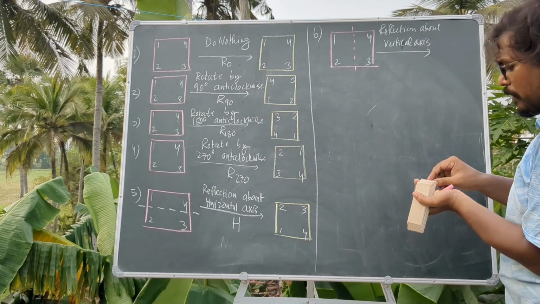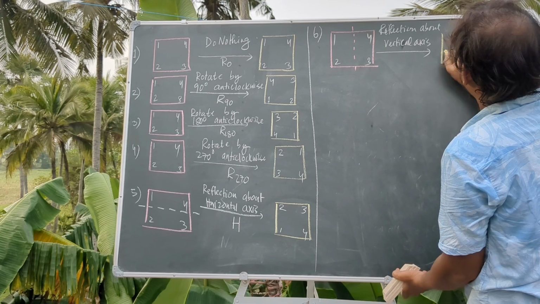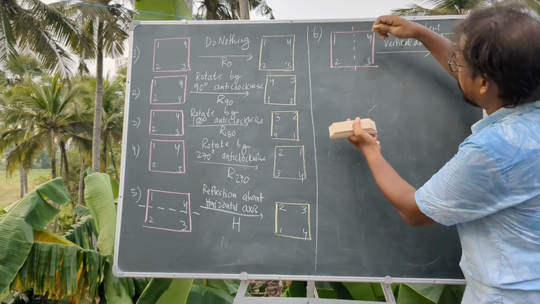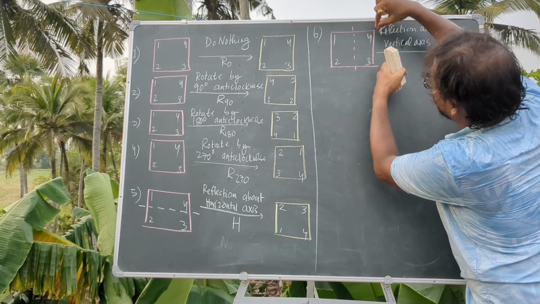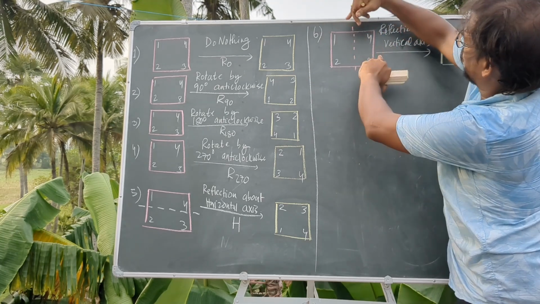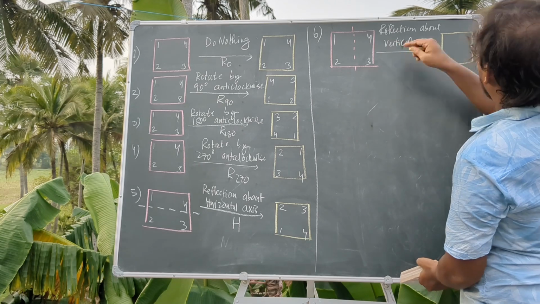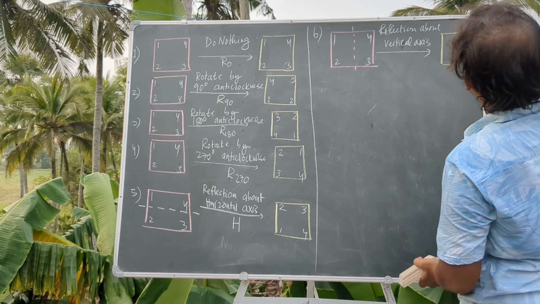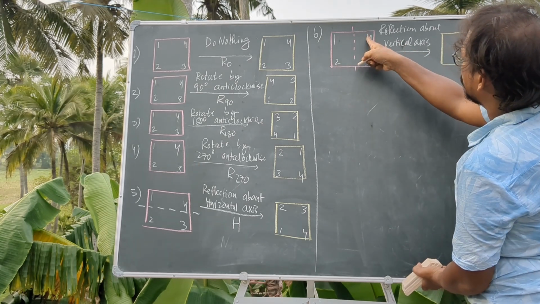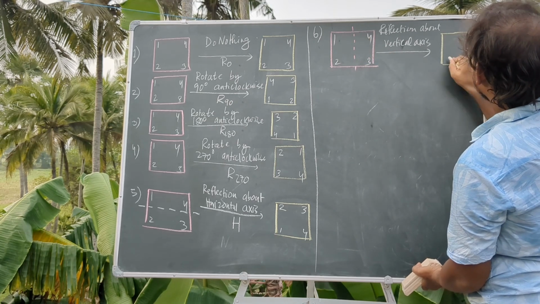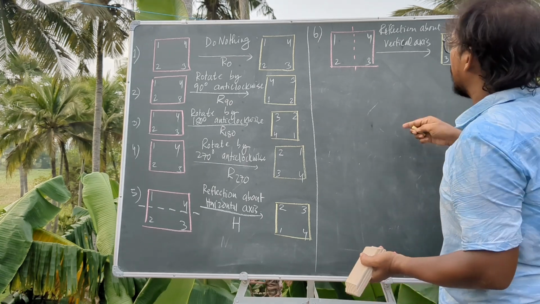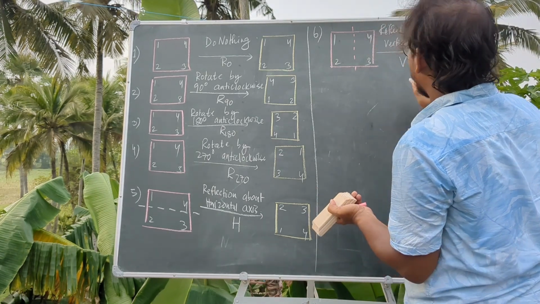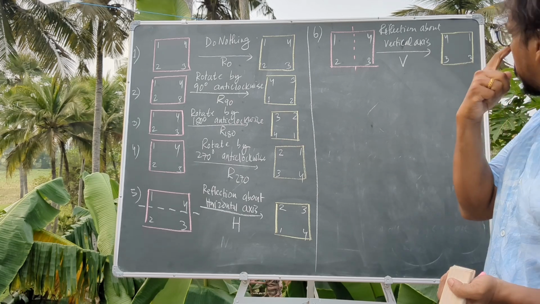And after this reflection we will get our square back, because we are just flipping. This side will come to this side, and this side will come to that side. We are flipping the square, and 1 will go to here, 2 will be here, and this is 3. This is reflection about the vertical axis. Name this as B. So this motion is B.